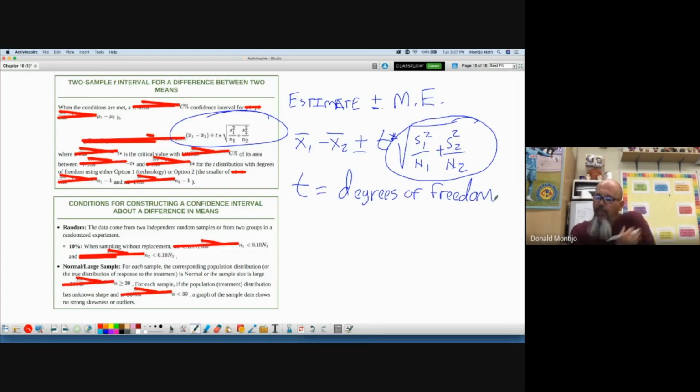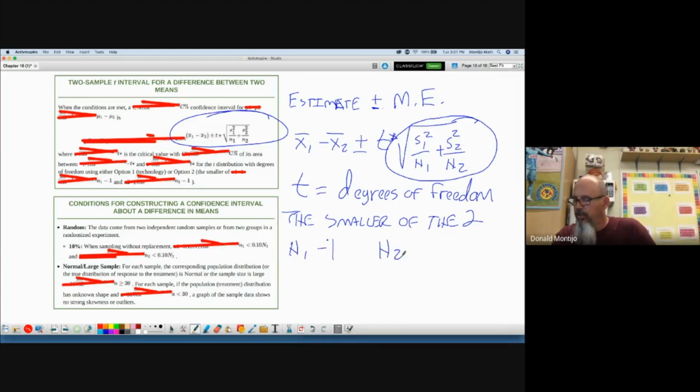Well, now we have two n's. So the degrees of freedom is the smaller of the two, n1 minus 1 and n2 minus 1. Whichever one's smaller, that's our degrees of freedom. The smaller of the two gives us the degrees of freedom.